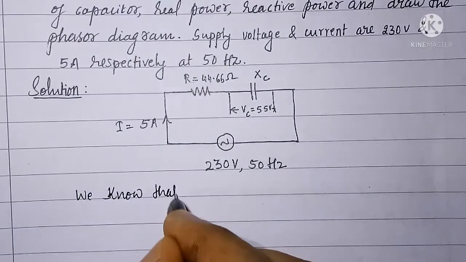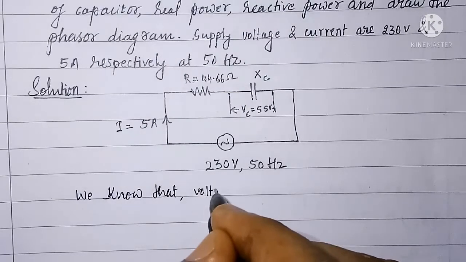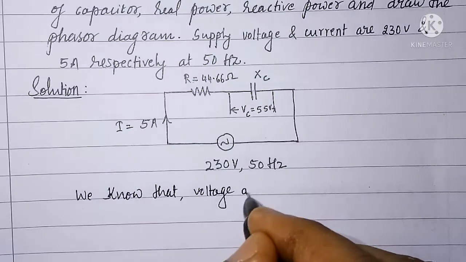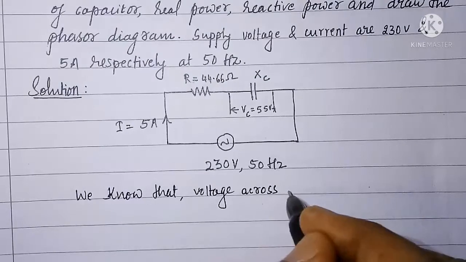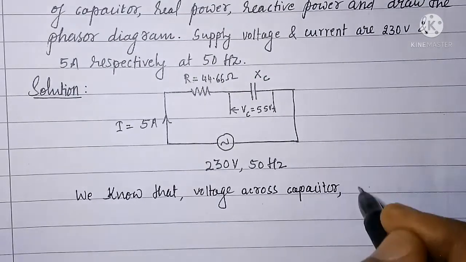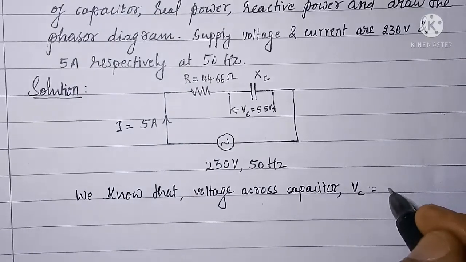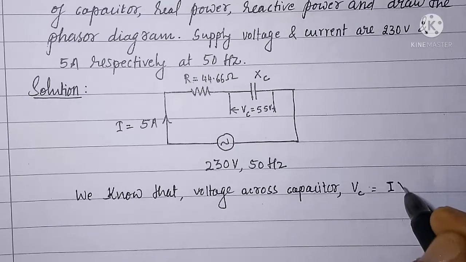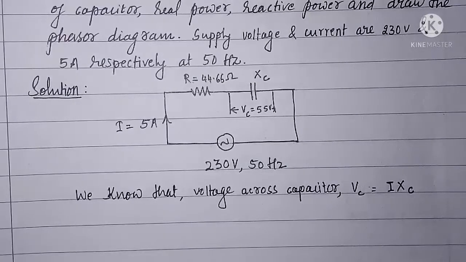We know that voltage across capacitor Vc is equal to I into Xc.